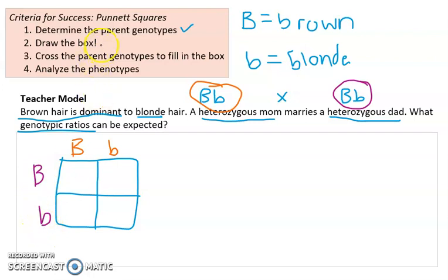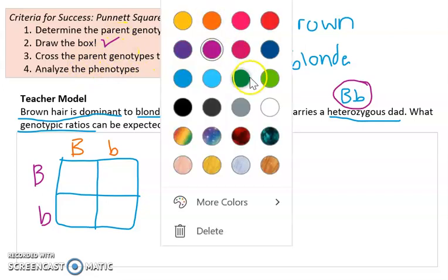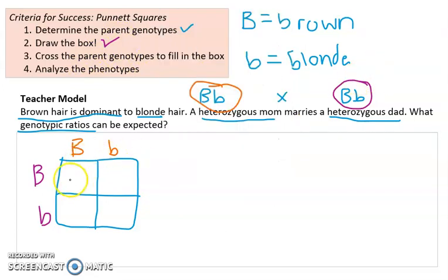All right, so now I drew my box. Now I just need to cross the parent genotypes and fill in the box. So in this first box, I have a capital B from mom and a capital B from dad. In this next box, I have a lowercase b from mom and a capital B from dad.